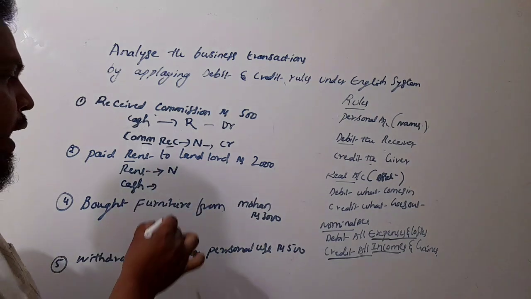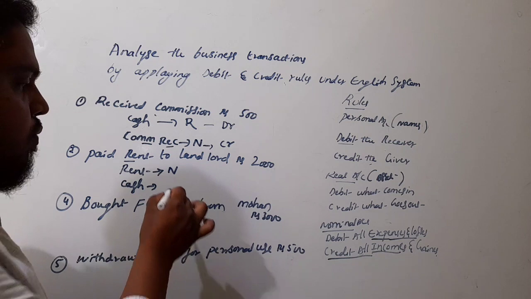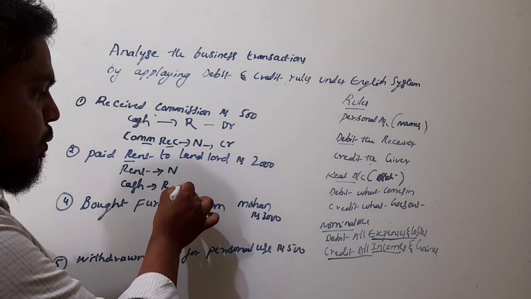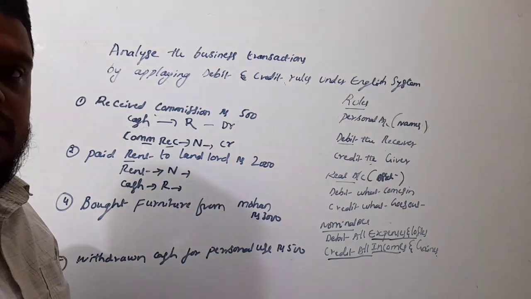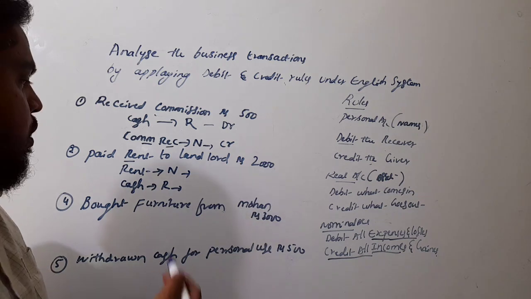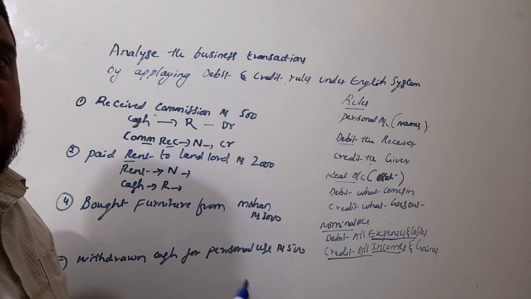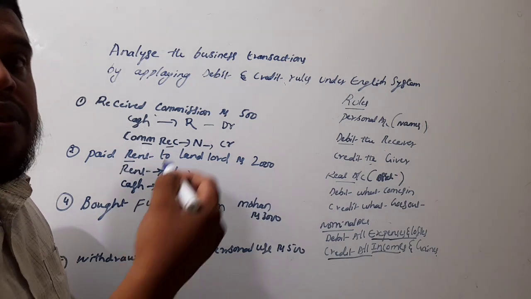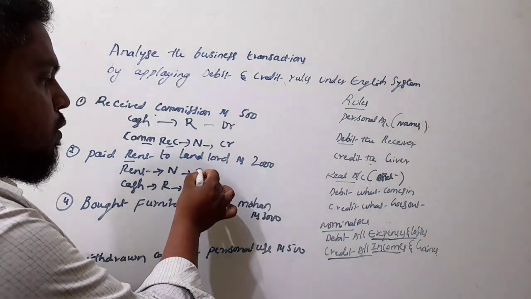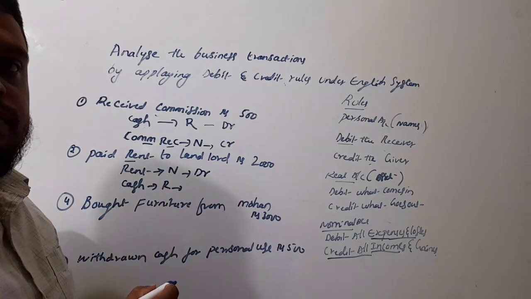Next, cash is a current asset and comes under a real account. Paid means cash is going out. Rent is an expense. Nominal account says debit all the expenses and losses. So this will be the debit side.